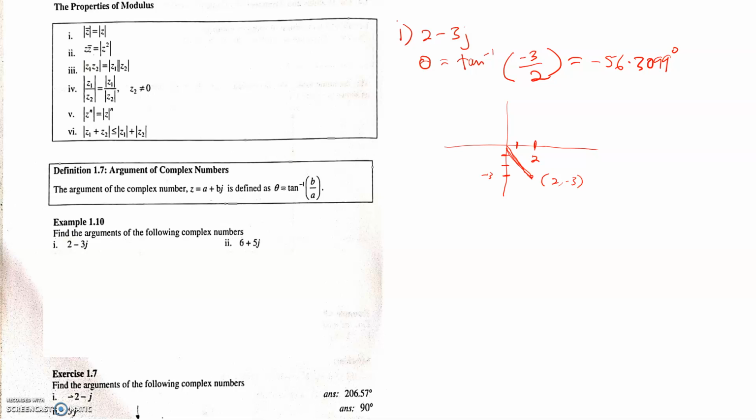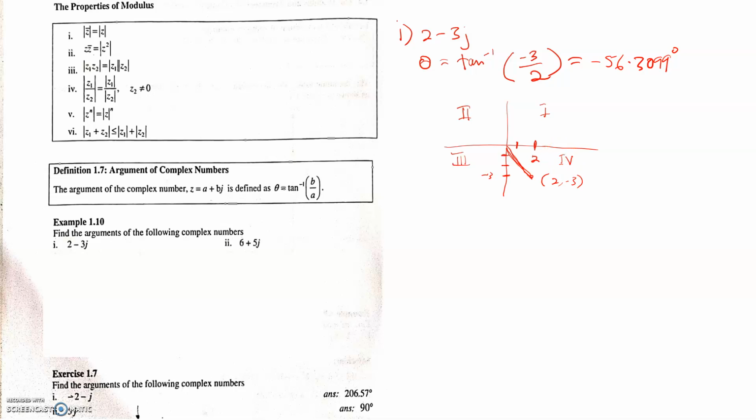Now, 56.3. Okay, when you are reading a chart, finding the argument, we should always find it from the positive x-axis, which is this area, the first quadrant. This is the first quadrant, this is the second quadrant, this is the third quadrant, and this is the fourth quadrant.